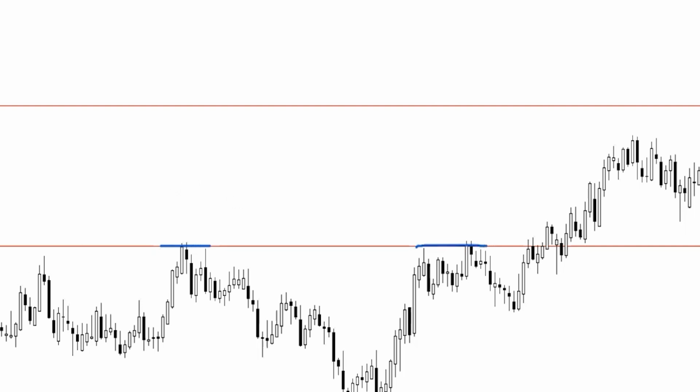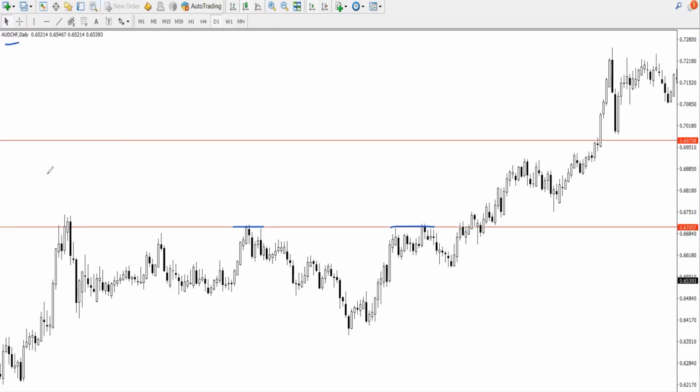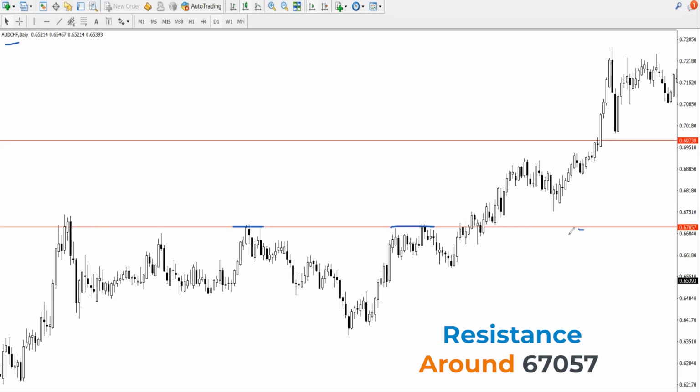This pair, the Aussie dollar Swiss franc on the daily, has been in a long sustained uptrend, and then we had this long period of consolidation where price was just going sideways, resulting in this resistance around this 0.7057 area where price had struggled to break through.